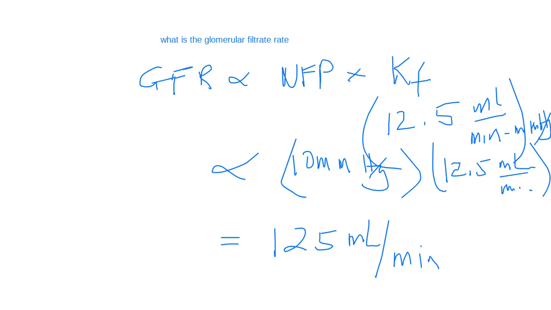You can then ask, how much does the kidney produce? How much can a kidney filter within a day? Does anybody know how to calculate it? If it's doing 125 milliliters per minute, how much can it produce in a day?